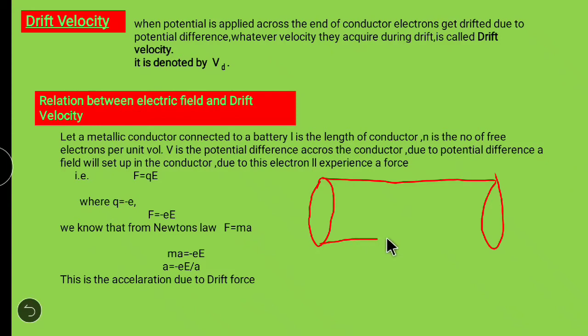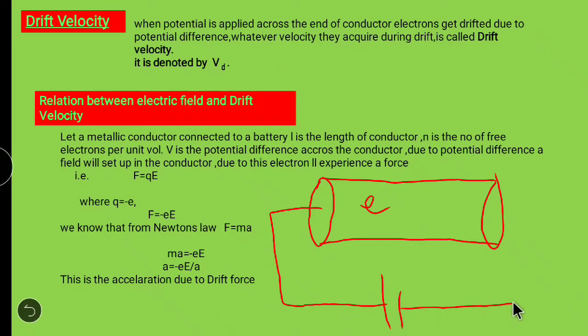This is the conductor, and there were many free electrons inside this conductor that I have drawn before, and we have connected this section of a conductor through a battery. This one is the battery. So this is the positive terminal of the battery and this is the negative terminal of the battery.